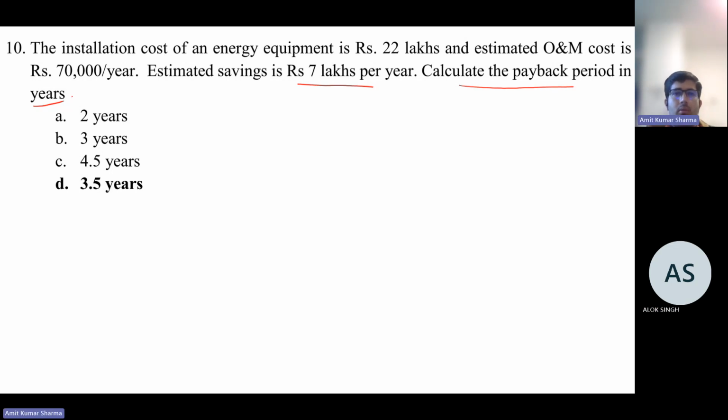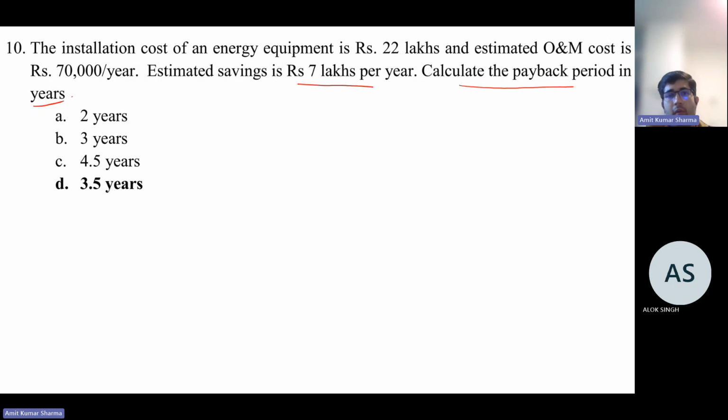Yeah, so see, you have to find out the payback period. You have been given the installation cost, so that will be your investment. The meaning of payback period is the time in which you will recover your investment. So first understand the theory of it. You are saving something, you are getting some revenue every year. The estimated saving is 7 lakhs per year. But operation and maintenance cost is also involved, that is 70,000 per year.